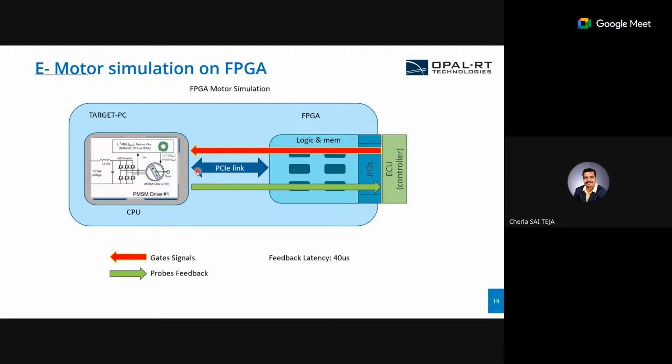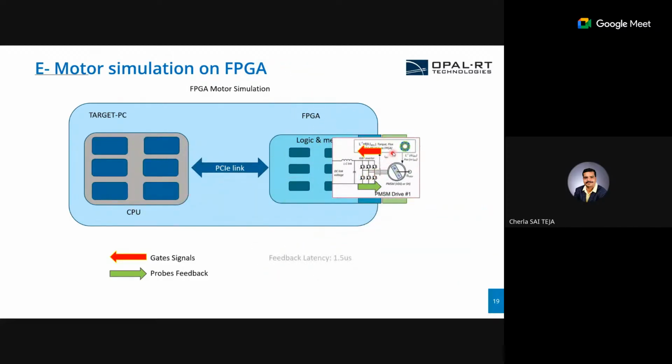So via this PCI link, first it will go to the FPGA processor, then it will be sent to the IOs, and the ECU, the engine control unit, will generate some gate impulses or do the corrective action, and then again from these IOs it will go to the FPGA, and then from the FPGA it will come to the CPU. Here the overall latency will be 40 microseconds. With this kind of latency, we can hardly go with a switching frequency of 2 to 3 or maximum 5 kilohertz.